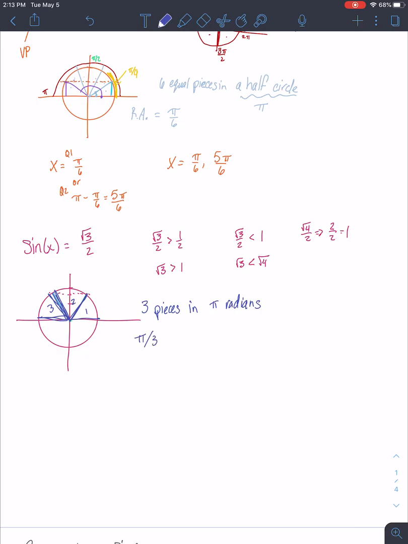So then if I'm looking for this one, I would say, in the first quadrant, I'm talking about pi over 3, and in the second quadrant, I am talking about 2 pi over 3. Here is 1 pi thirds, here is 2 pi thirds. This would then be 3 pi thirds that we don't really talk about.